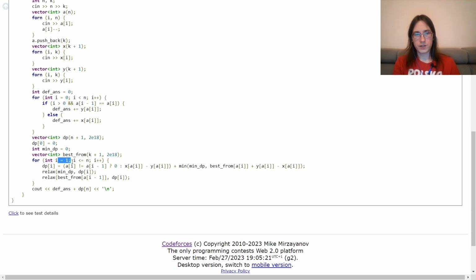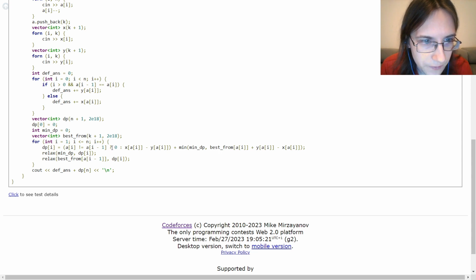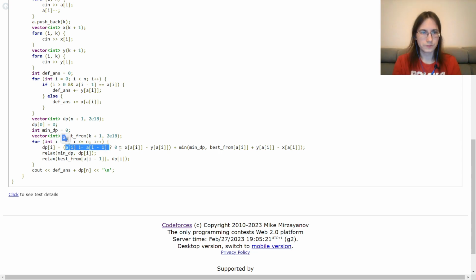Now, for every position starting from 1 and 2 and inclusively, just use this formula. dp of I is equal to, like here I just say that if AI is not equal to the previous value, then I don't change its price. Otherwise, I change its price from low to high.